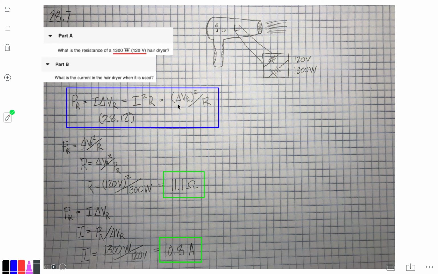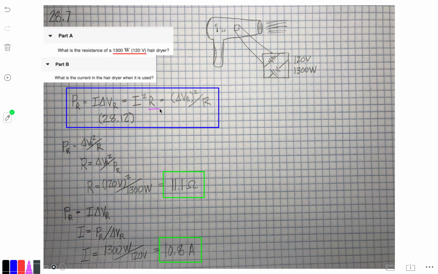So this problem really depends on an equation that we're given in 28.3 of the book, Energy and Power. This equation here, 28.12, is pretty much all the different relationships between power of a resistor as well as current and the potential difference of the resistor, as well as resistance.